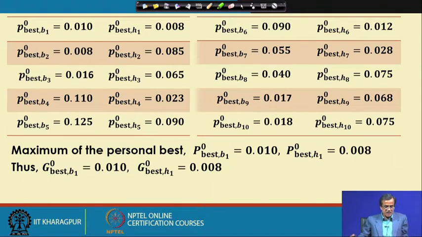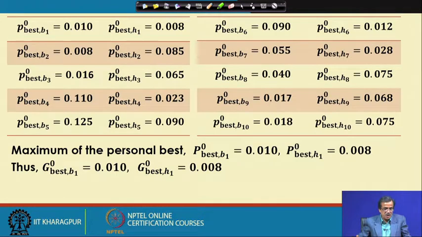Once you have assigned these Pbest values for each of the design variables for the whole swarm, we are in a position to find out which set of design variables is going to give us the best fitness in terms of the objective function.